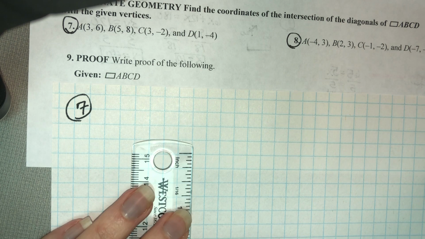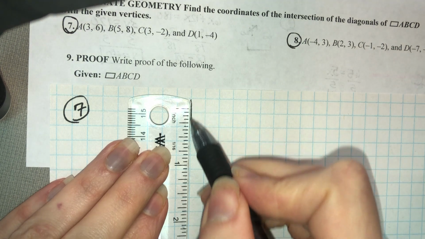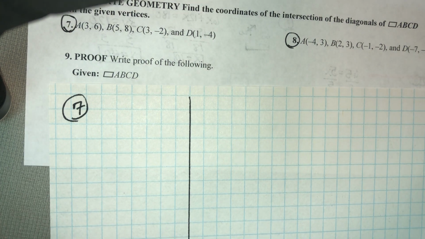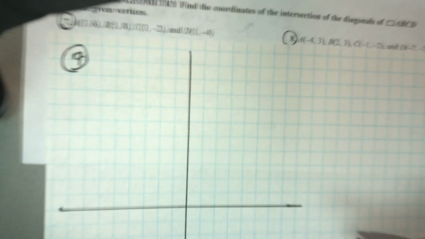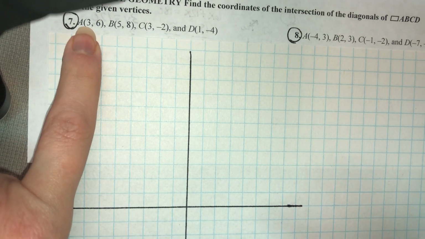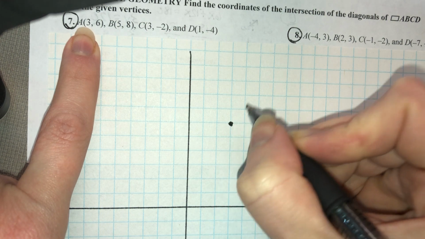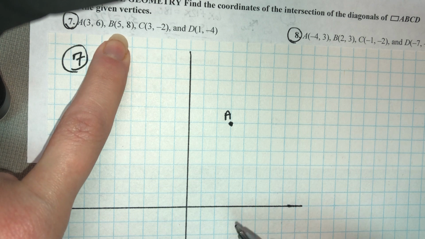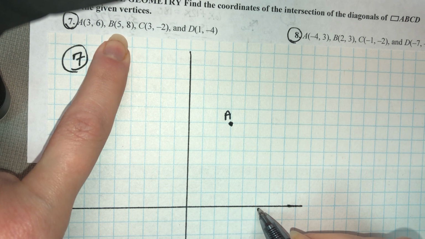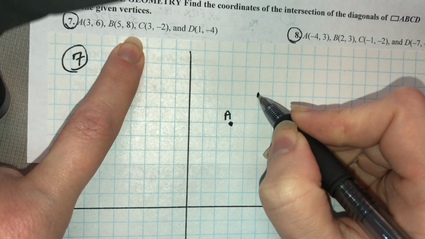So let me make my little X and Y axis. And we're going to plot these points on the graph. So we start with 3, 6, over 3, up 1, 2, 3, 4, 5, 6. That's point A. And then B is at 1, 2, 3, 4, 5. 1, 2, 3, 4, 5, 6, 7, 8.